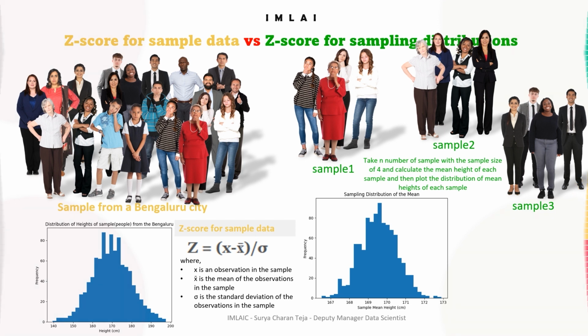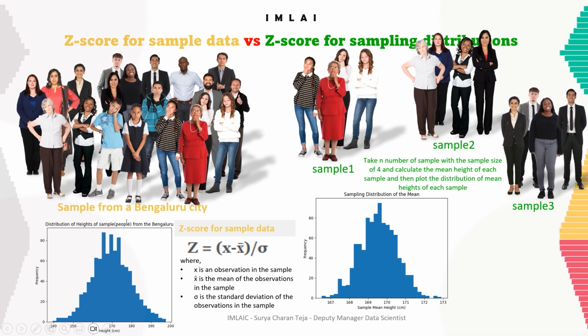Sampling distribution is nothing but taking many samples from the population and calculating the mean of the respective variable. Here it is height; in other cases it could be weight, or the diameter of balls, but here it is height. So I have to calculate the mean height for each sample, and then plot the means of each sample on your histogram. That's what a sampling distribution is.